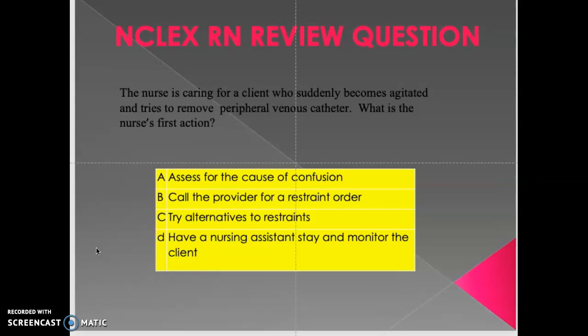As we follow the nursing process, everything starts with assessment. So it's important that you do a complete assessment of the patient. There could be various reasons why the patient suddenly became agitated. So the answer is assess for the cause of confusion. Maybe the patient's blood oxygenation is low. Maybe they're hypoxic. So it's always good to assess your patient first. So the correct answer is A.